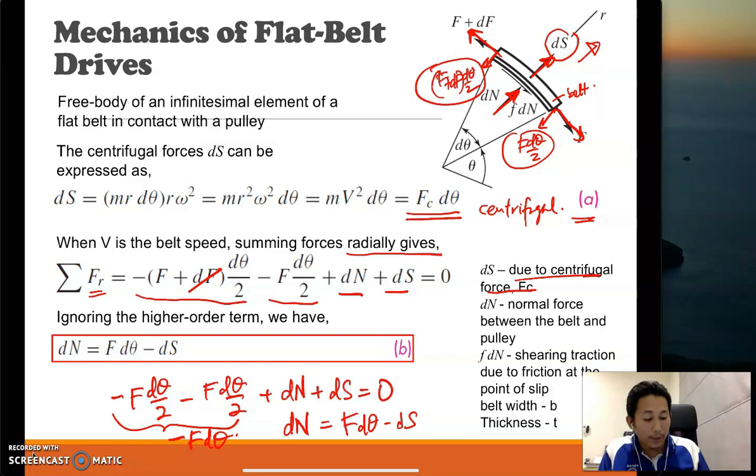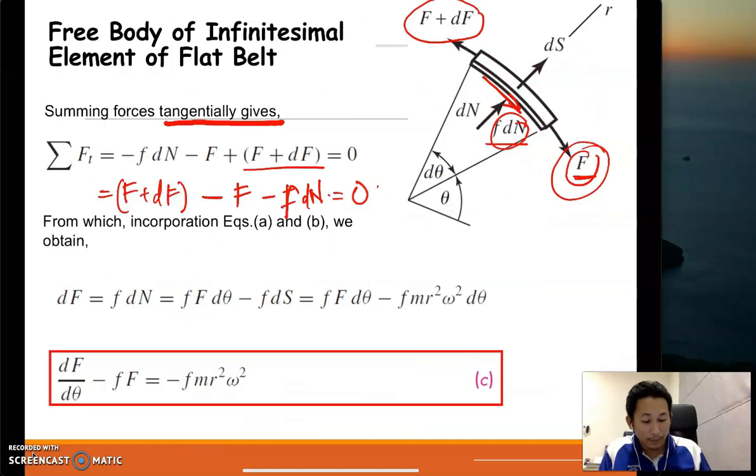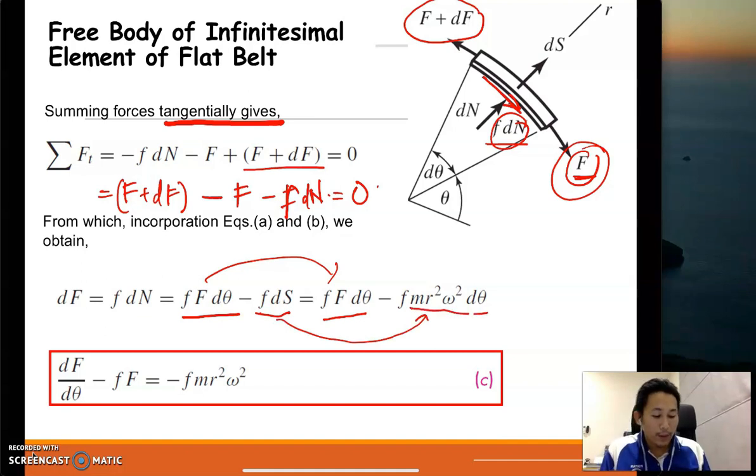From equation A, dS equals Fc d theta, and also dN equals F d theta minus dS. From that we can solve it. dF equals f dN equals f F d theta minus f dS, so this is our dS.